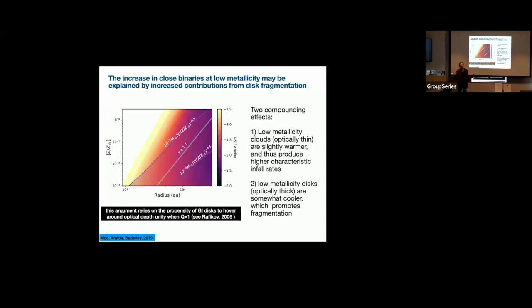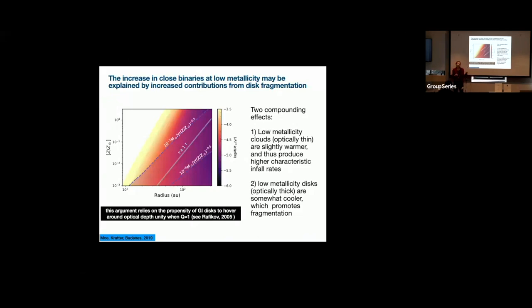It needs to be just a little bit optically thick. If you make it too optically thick, you'll never cool. If you make it too optically thin, you'll never have enough mass to be self-gravitating. So you end up with disks that are around tau equals a few, where you hit the right conditions to undergo instability.